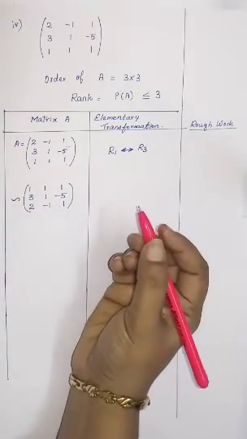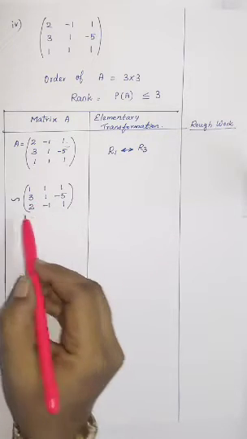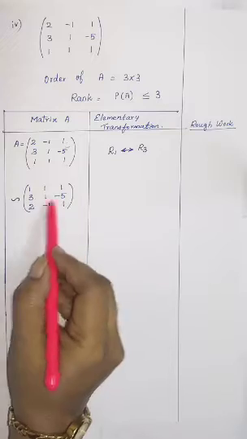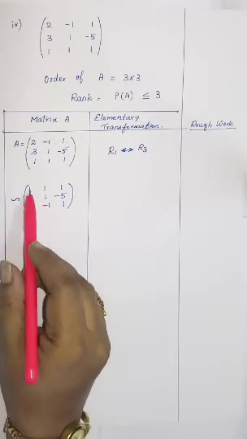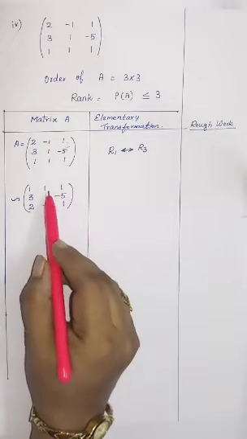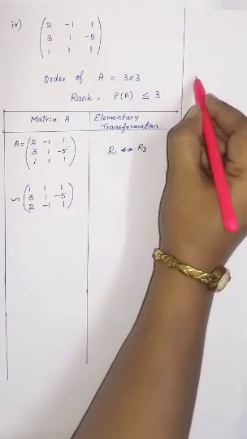Okay, so now the next condition is, for your echelon form, first you should make this place 0. That is, your second row first column element should be 0, and your third row first column element you should make 0. Again the third row second column element you should make 0. So I'll just write here how to make your zeros.